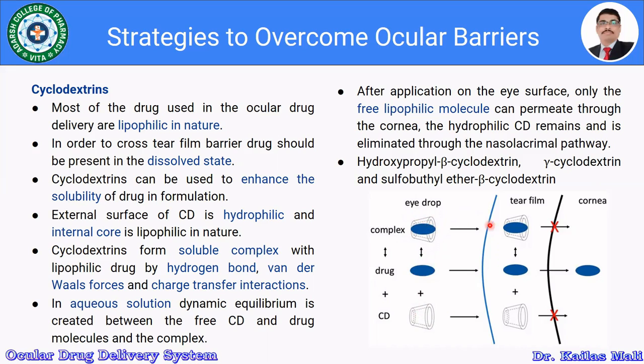After application on the eye surface, only the free lipophilic molecule can permeate through the cornea, and the hydrophilic CD remains and is eliminated through the nasolacrimal pathway. Generally, we use hydroxypropyl beta cyclodextrin, gamma cyclodextrin, and sulfobutyl ether beta cyclodextrin. So this is about the cyclodextrins.